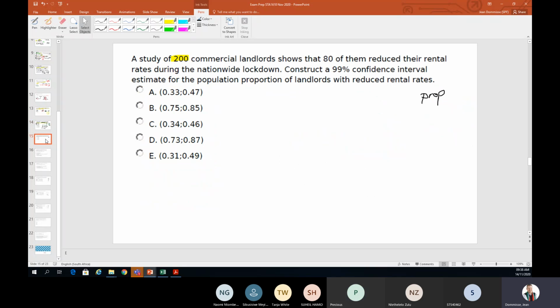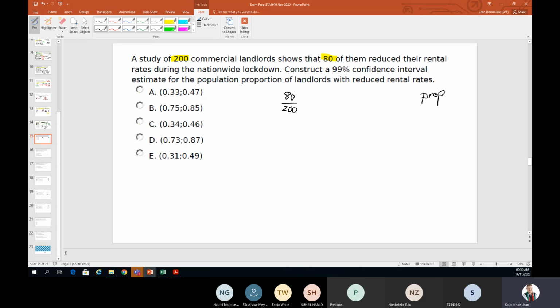Okay, so this question we're looking at, I think it's proportions, but let's first make 100% sure. A study of 200 commercial landlords shows that 80 of them reduced their rental rates during lockdown. So 80 of the 200 reduced their rates.